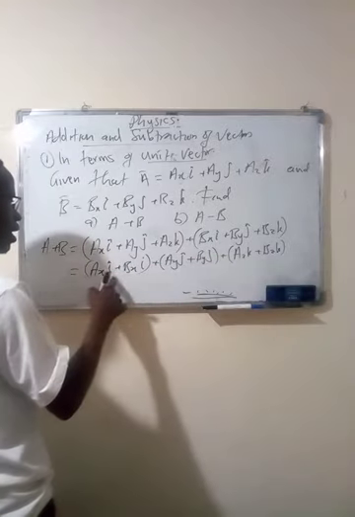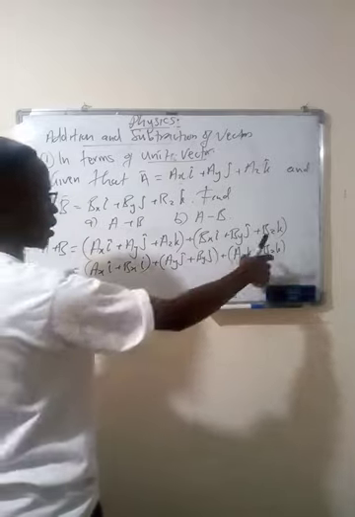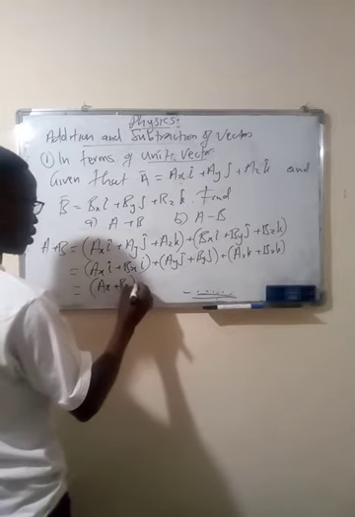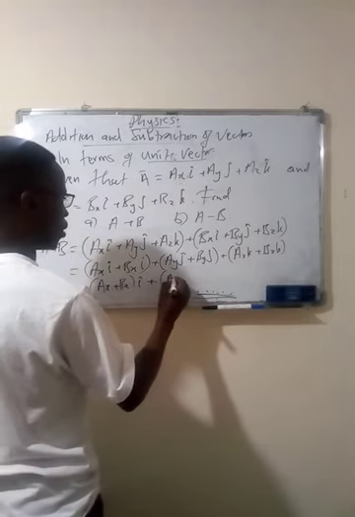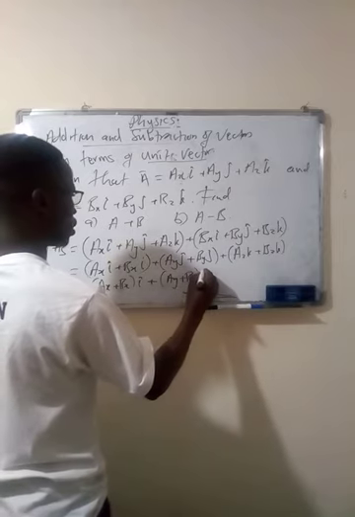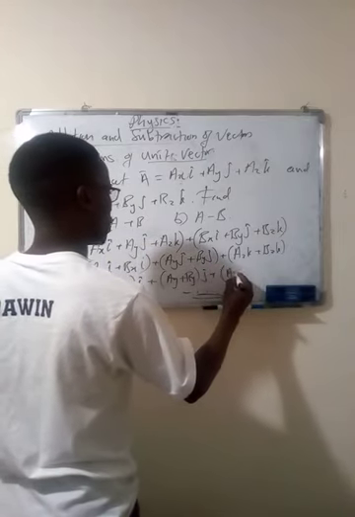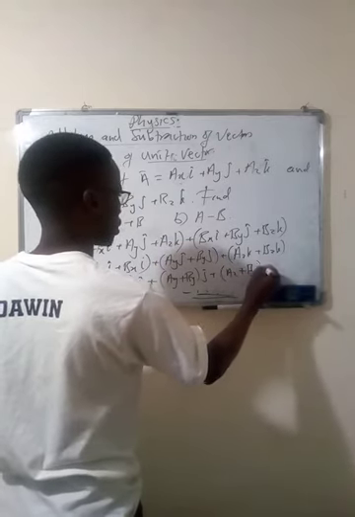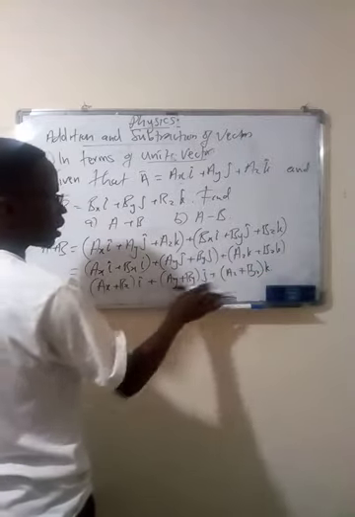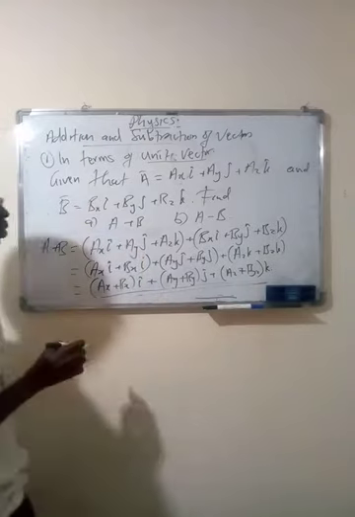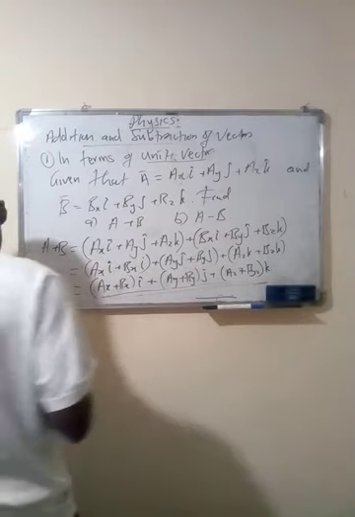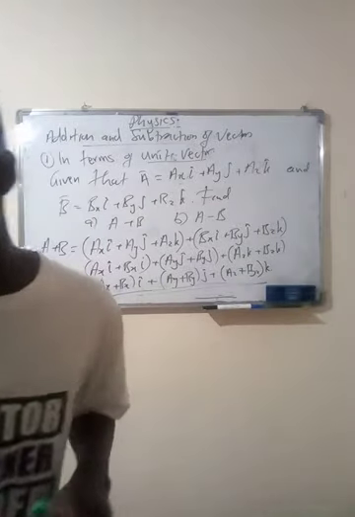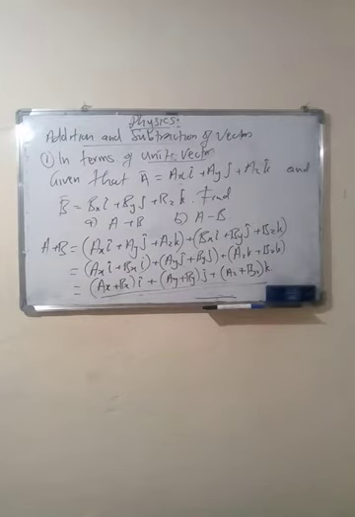Here you can see that I is common, J is common, and K is common, so we factorize and have (Ax plus Bx)I plus (Ay plus By)J, then finally (Az plus Bz)K. If we had numbers, we would get the exact value there. That is how you add or subtract vectors that are in component form.